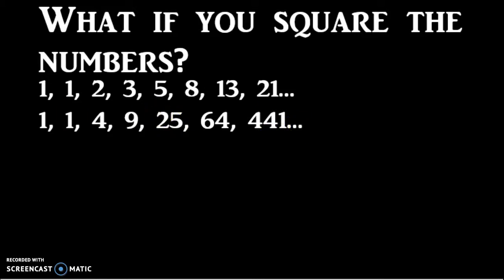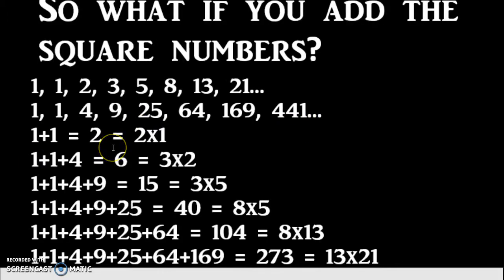If you add the squares, you get 1 and 1 is 2, which is 2 times 1. 1, 1 and 4 is 6, which is 3 times 2. 1, 1, 4 and 9 is 15, which is 3 times 5, and so on. So you get 40, which is 8 times 5, 104, which is 8 times 13, and 273, which is 13 times 21.